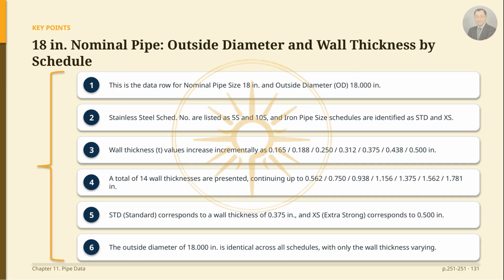The remaining figures are listed in detail so that you can select them according to your design conditions. Engineers should first verify the nominal size and outside diameter, then select the schedule that matches the required pressure rating and refer to the corresponding wall thickness value.